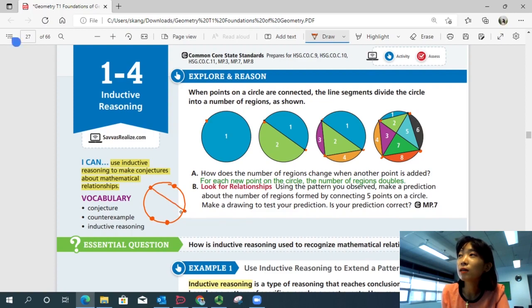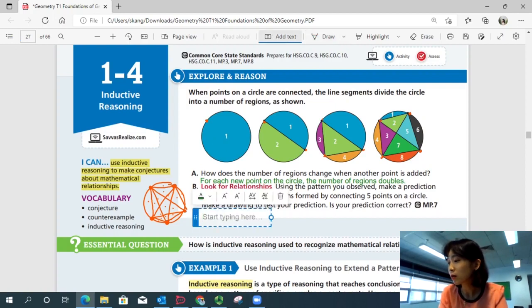So then 1, 2, 3, 4, 5, 6, 7, 8 different chords, 9 different chords, 10 different chords. Okay, and then we see 1, 2, 3, 4, 5, 6, 7, 8, 9, 10, 11, 12, 13, 14, 15, 16. And yes, it exactly doubled up.